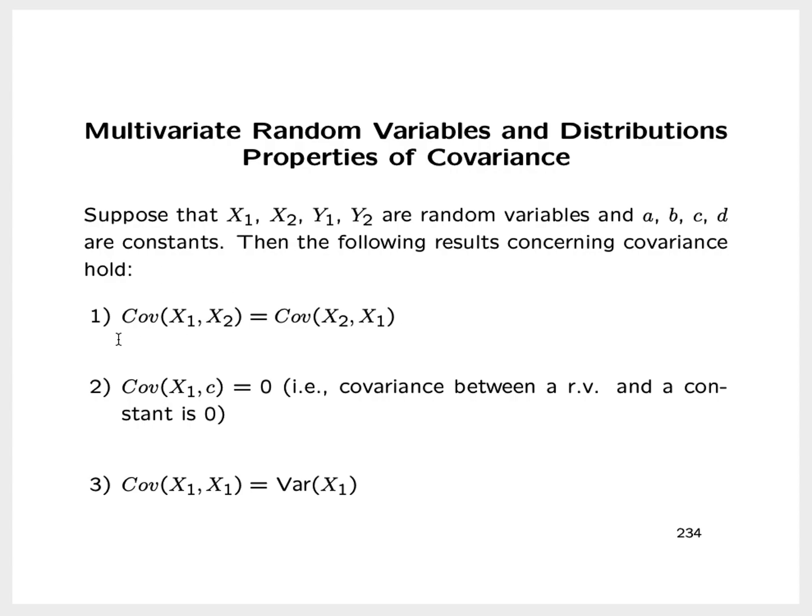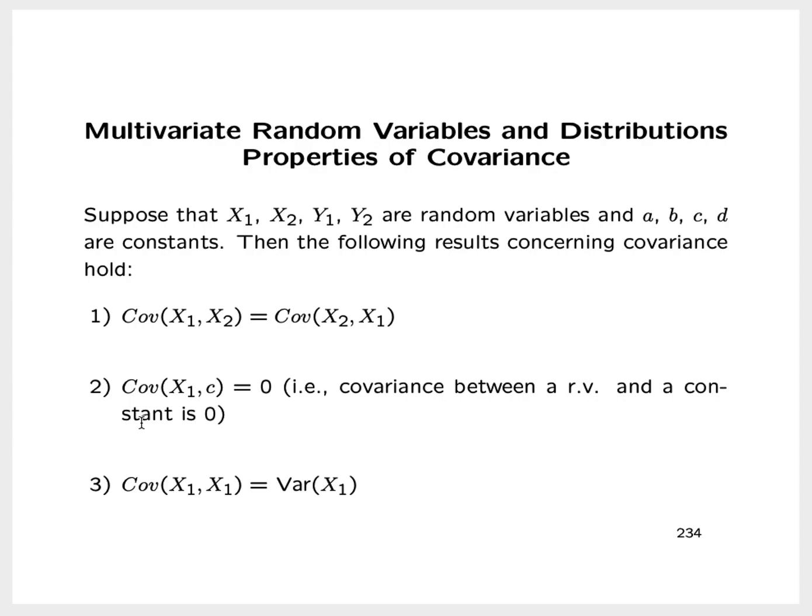The first property is that the covariance of x1 and x2 is equal to the covariance of x2 and x1. What that means is that it does not matter the order that we list the two random variables in the arguments of the covariance function.